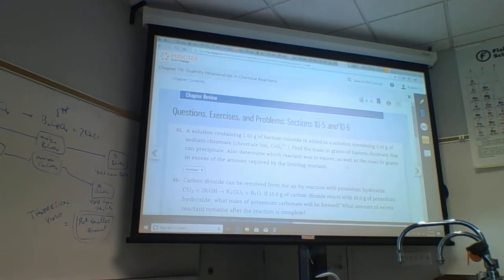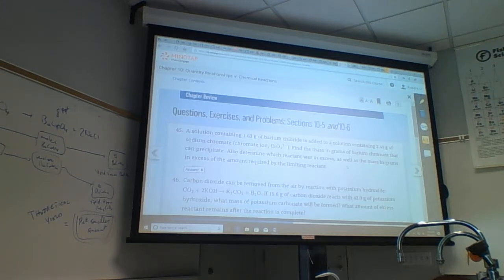And then we have two chlorines, 2 times 35.45, which is 70.90. Altogether, this is going to give us 208.23. So each mole of barium chloride weighs 208.23 grams. The grams of barium chloride cancels, and that leaves you moles of barium chloride.